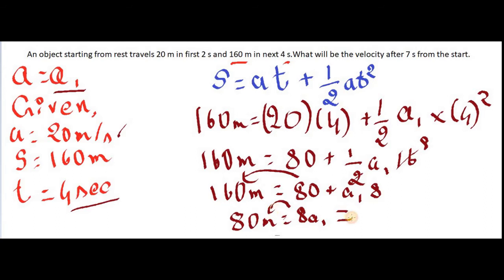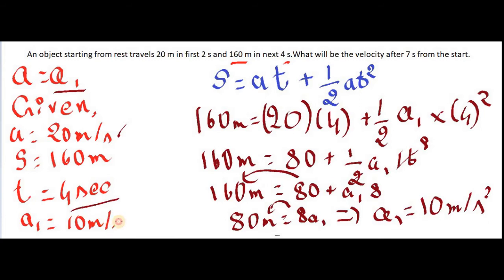We would get a1 as 10 meter per second square. So we have got the acceleration here, so let's add it into this part. a1 equal to 10 meter per second square.